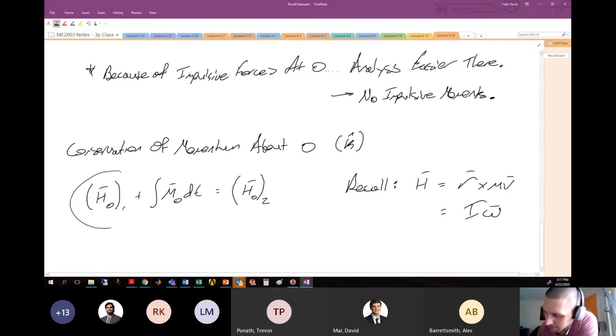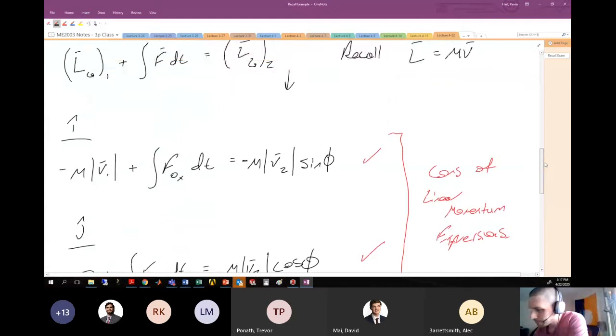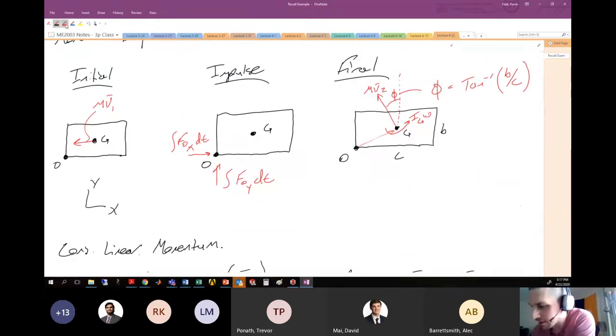Let's look at our initial angular momentum first, specifically about point O. For that, I'm going to have to go all the way up to my picture here. So again, about point O, I will have some initial angular momentum. That's because I have this linear momentum term here that is not acting through point O, but instead I'm going to have a position vector which is locating that guy. So here, this is a position vector which locates G from O. I'm going to end up crossing that with this linear momentum component to get me the angular momentum component.